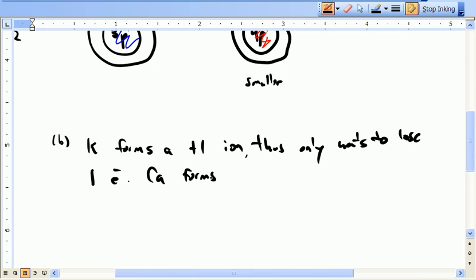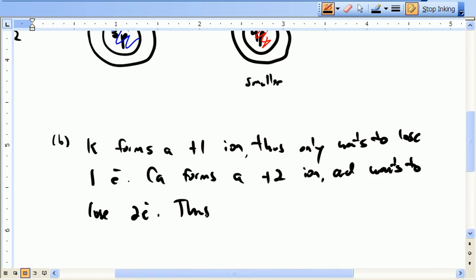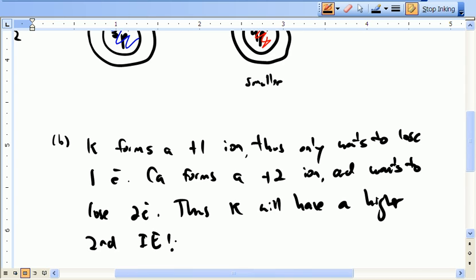Ca forms a +2 ion and wants to lose 2 electrons. Thus, K will have a higher second ionization energy. Okay, that's a simple way to explain it.